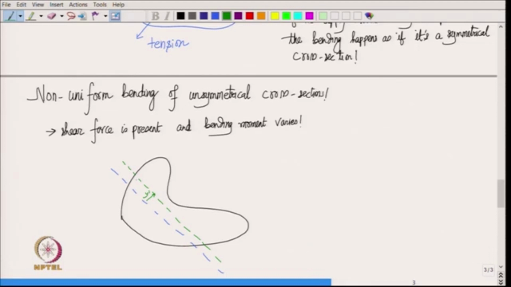Can we say that shear stress is uniform along this line? We certainly cannot say this, because in that case at the periphery of the cross section the shear traction would not be tangential to the cross section.